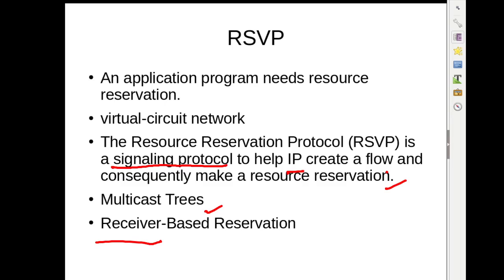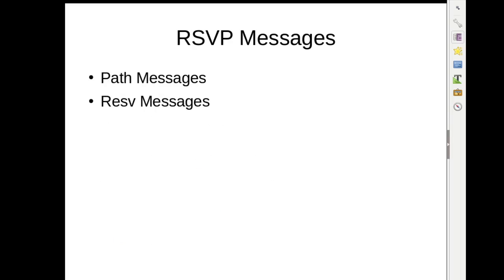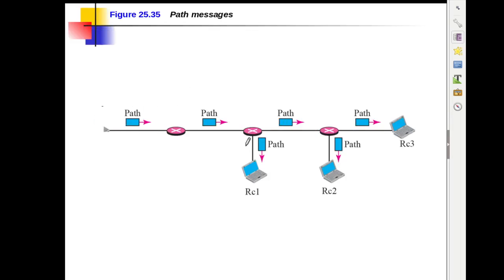Now we have certain messages related to RSVP. Two types of messages, one is path and one is reserve. So what happens in a flow?